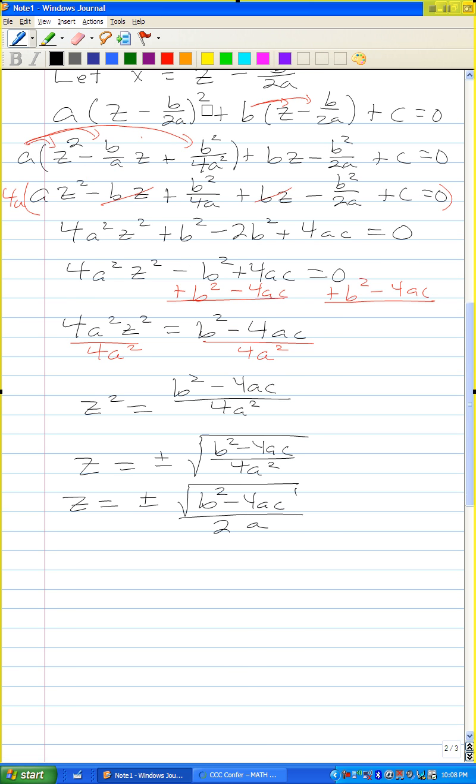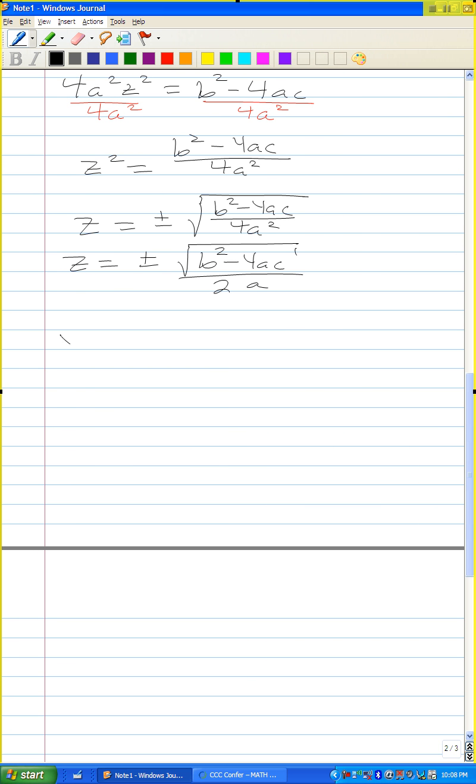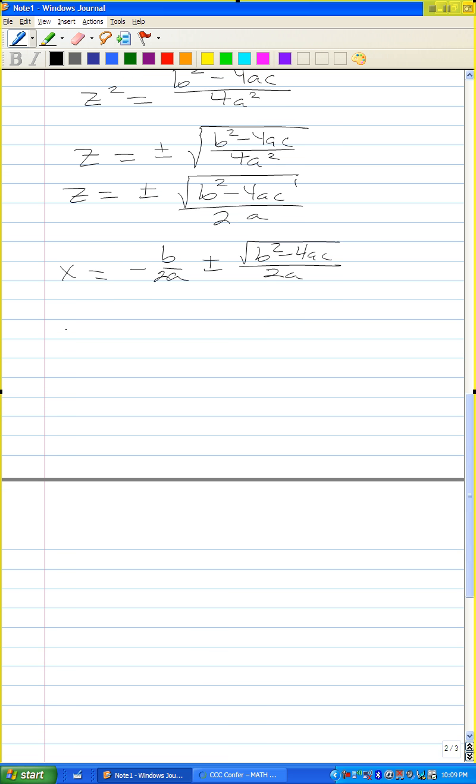And so I get that x equals negative b over a plus or minus square root of b squared minus 4ac all over 2a. And so I get that x is equal to negative b plus or minus the square root of b squared minus 4ac all over 2a. And we call this the quadratic formula.